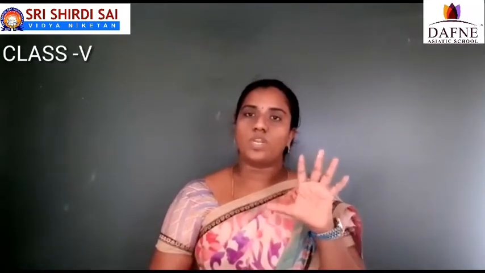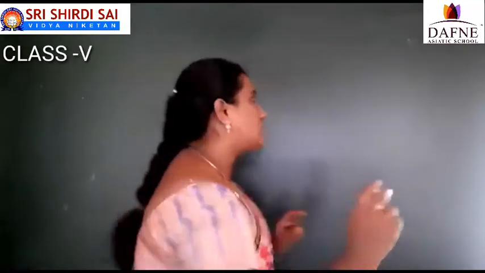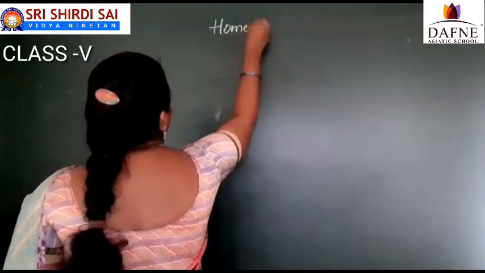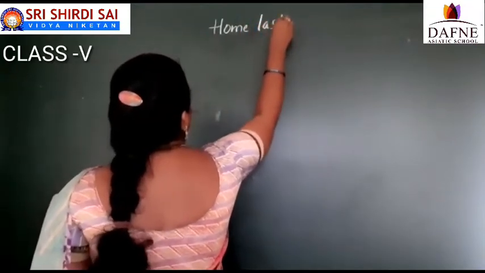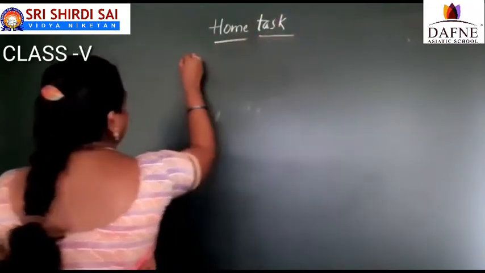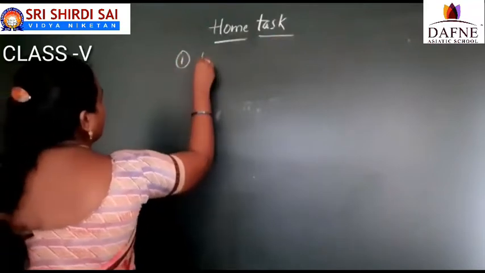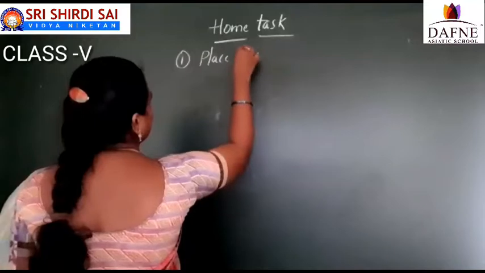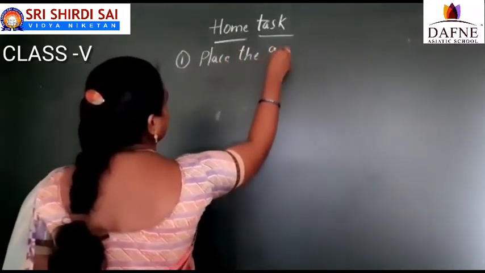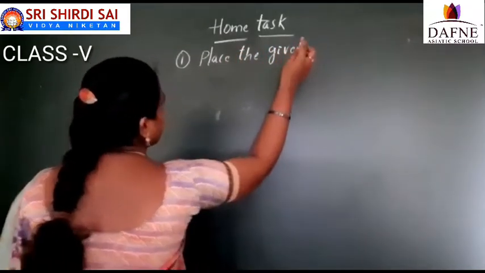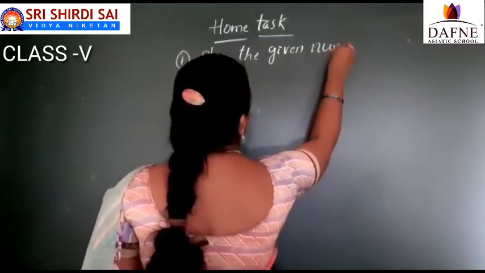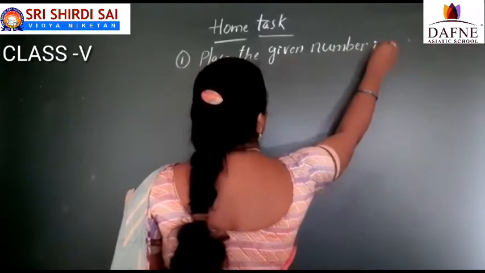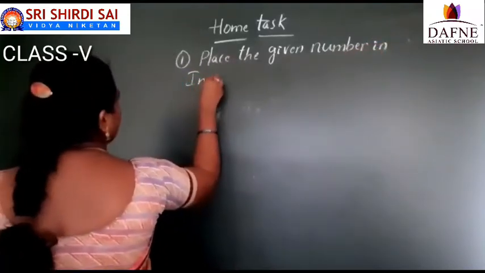So now how many questions am I giving? 5 questions. Now see here, today's home task. First question: place the given number in the Indian place value chart.